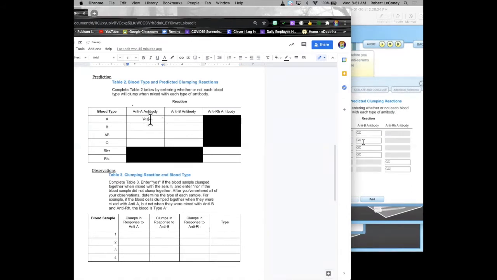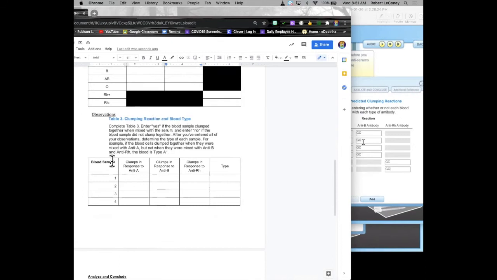Yes, it will clump up, or no, it will not clump up. If you put anti-B into A-type blood, you think yes, it will clump up, or you think no, it will not clump up. That is up to you to hypothesize, make your predictions here, what you think will happen. And if you are wrong, I will not count it against you. This is just what you are expecting.